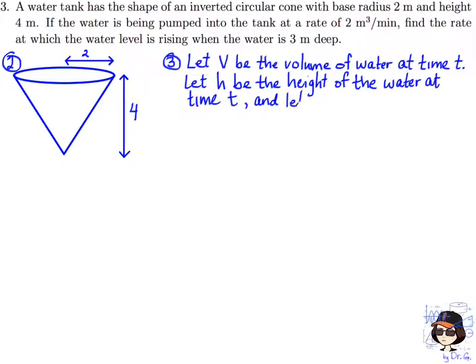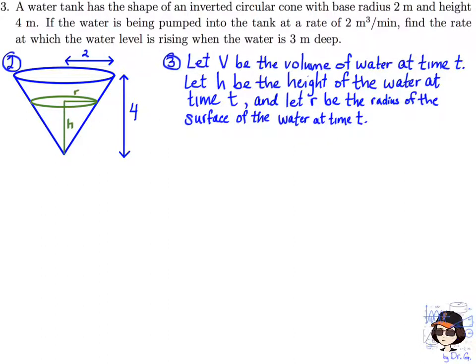And let's use R for the radius of the surface of the water at time t. All right, so let's label.